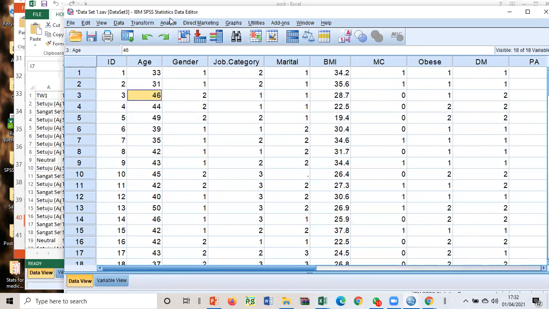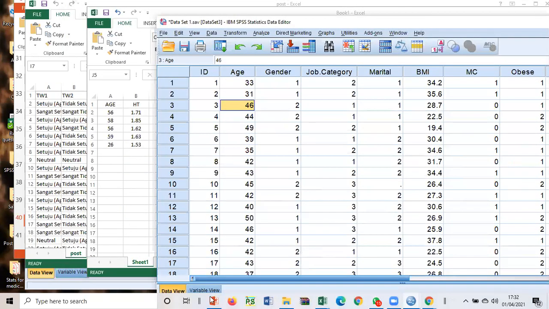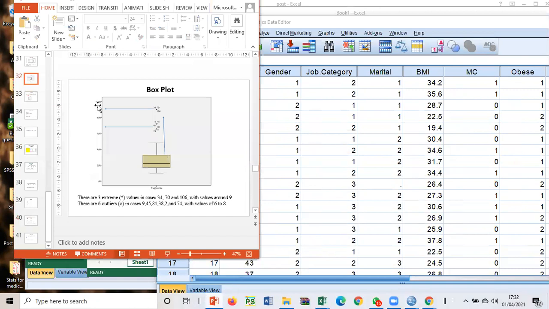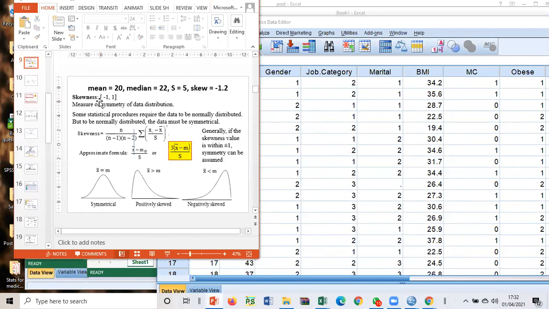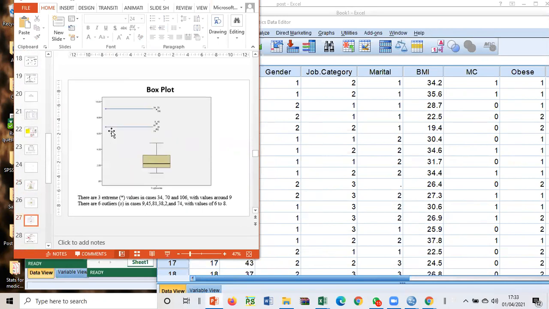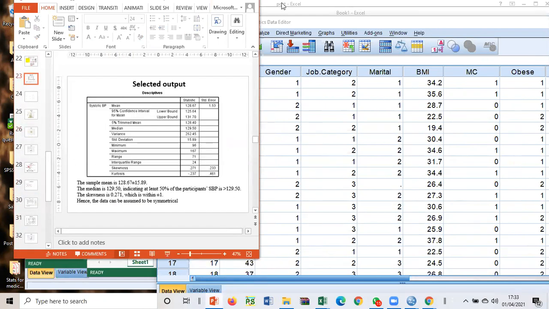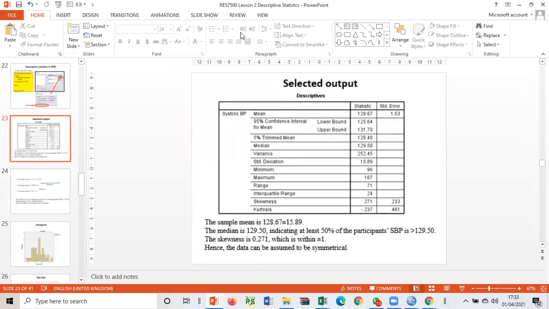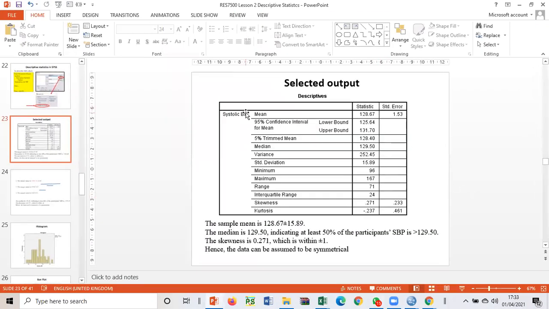In the analysis just now, we have the mean. So what is standard error?